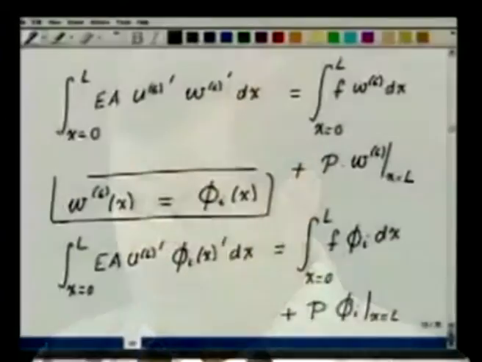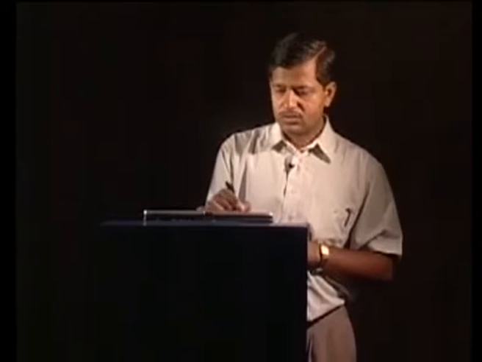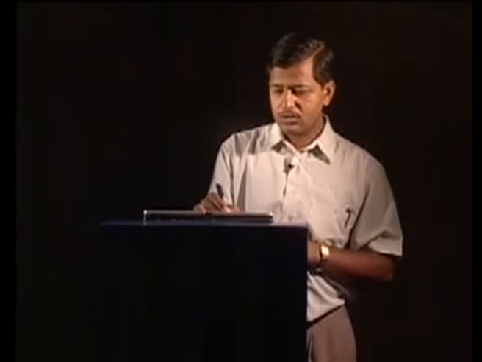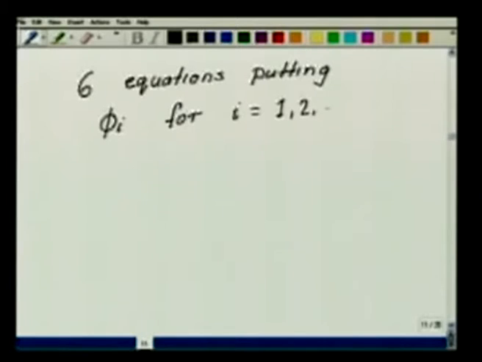Put w6 equal to phi 2, put it in this expression, we get the second equation. And so on, we can get 6 equations by putting phi i in the expression for i equal to 1, 2 up to 6.